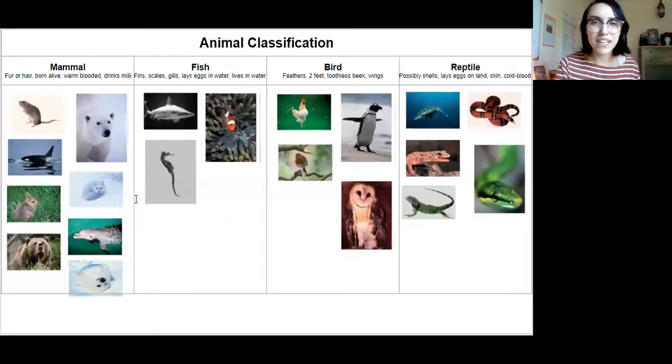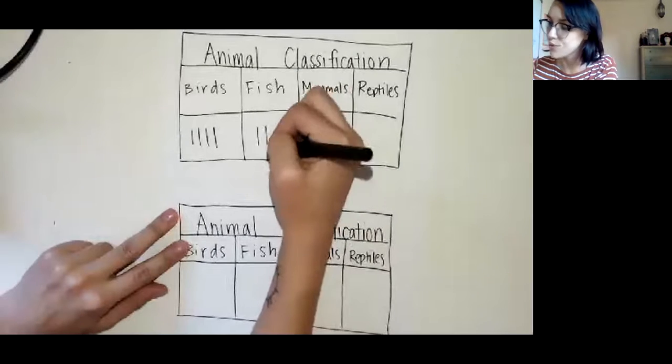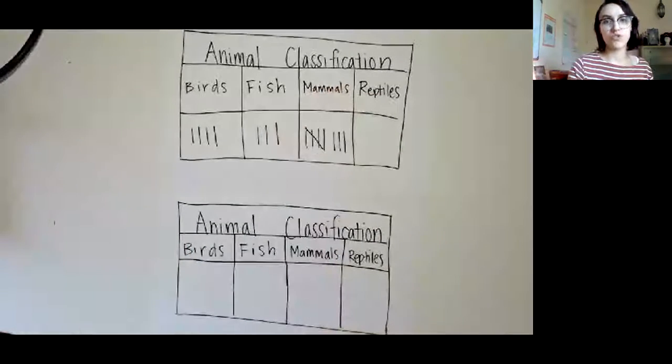Let's look at our screen again. We're going to have to look at our screen a couple more times. Let's see how many fish we have. We have 1, 2, 3 fish. Let's put that onto our table. 1, 2, 3 fish. Again, keeping track with my tally marks, okay?